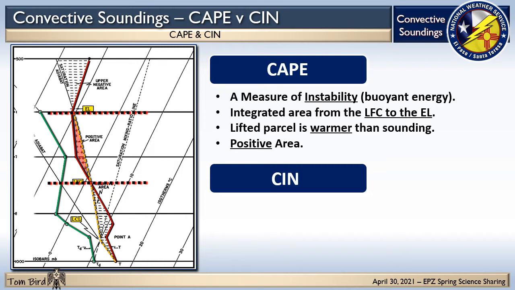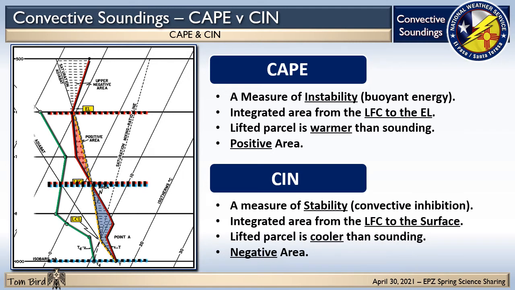That's where the parcel becomes warmer than the environment, and then aloft where it becomes equal to and cooler than the environment. We integrate that area to get the positive area, finding where that parcel is warmer than the environment, and that is our CAPE. That's a measure of our buoyancy and how strong the upward motion is going to be. Conversely, CIN is a measure of stability.